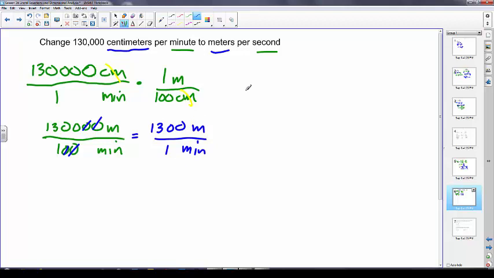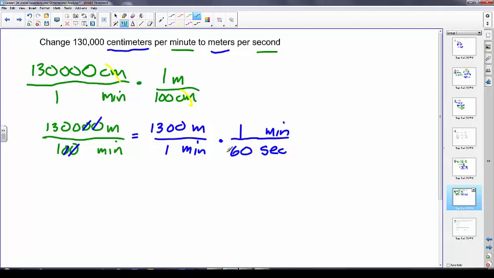Now what I need to do is I need to get to seconds. So I need seconds on the bottom. So I'm going to multiply by units that change minutes to seconds. Notice my minutes units will reduce. So I know that in 1 minute I have 60 seconds.